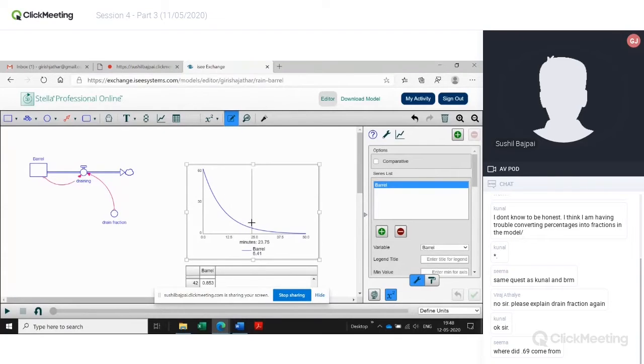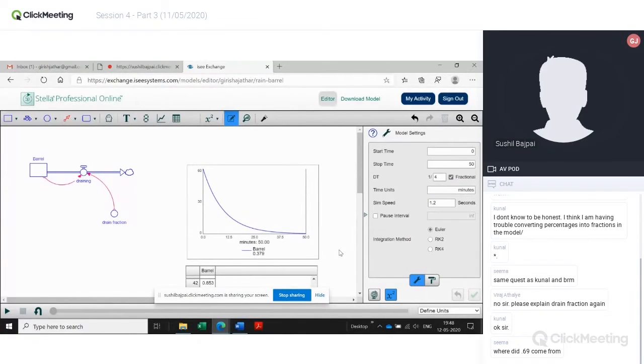So this process, if you look at it, is actually a balancing loop already. It's not a compounding growth. It's a balancing loop. It's called exponential decay, but the loop is balancing because it is a goal seeking loop.